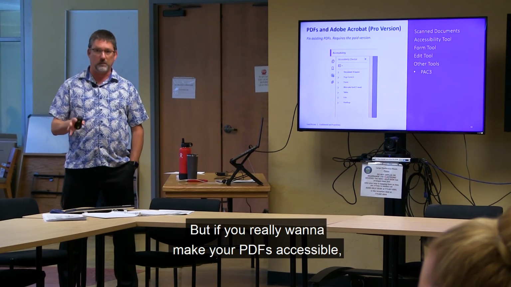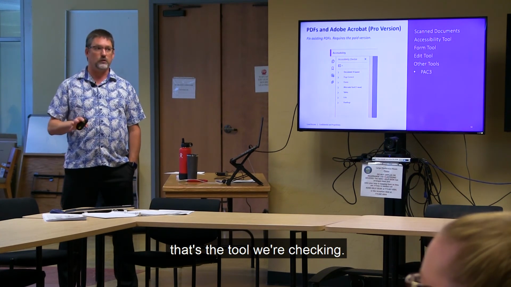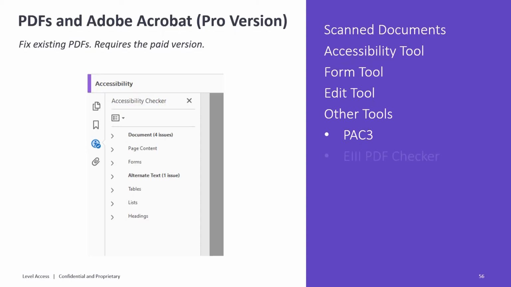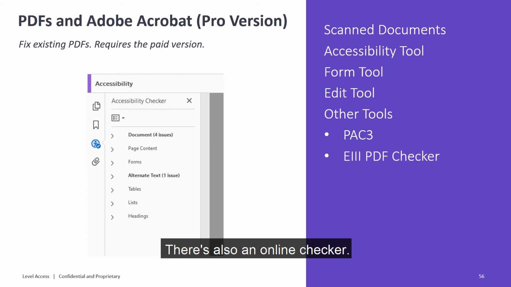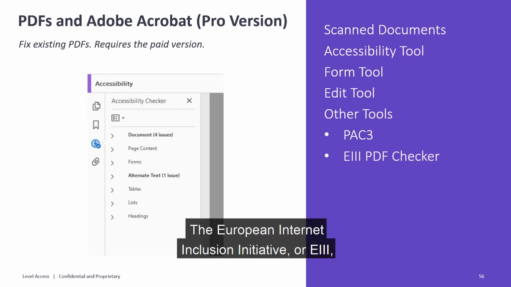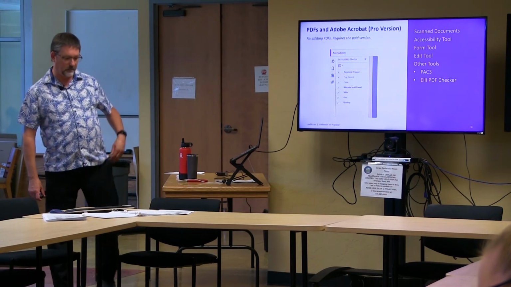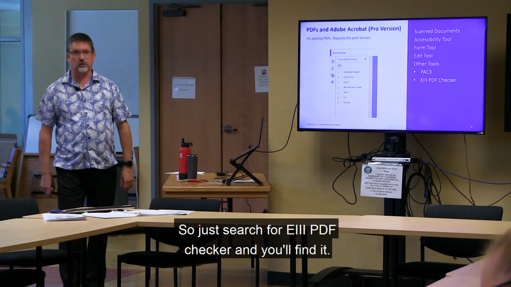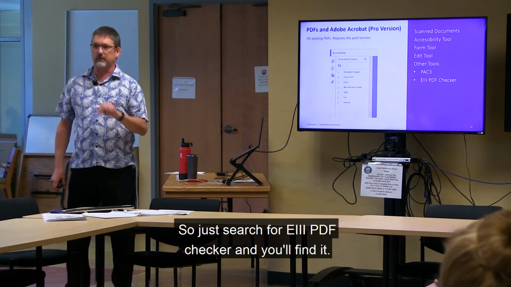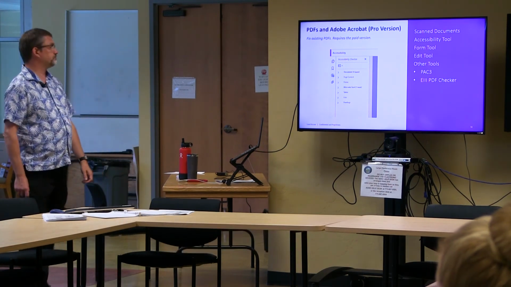If you really want to make your PDFs accessible, that's the tool for checking. There's also an online checker. The European Internet Inclusion Initiative, or EIII, they have a PDF checker online. So just search for EIII PDF checker, and you'll find it.